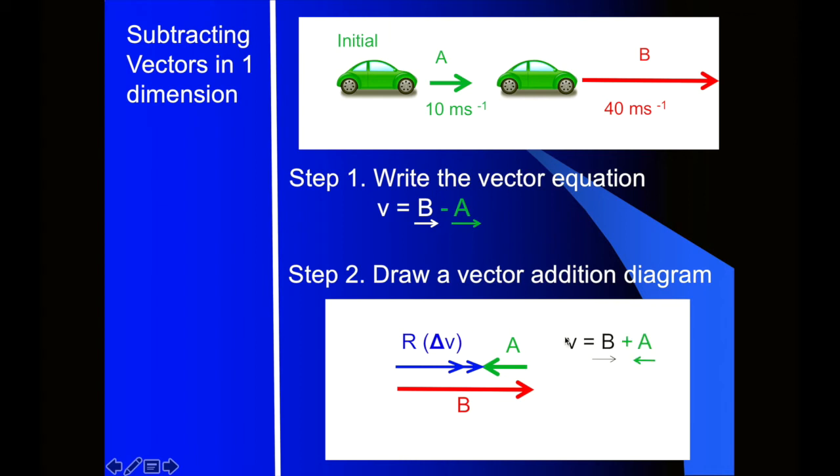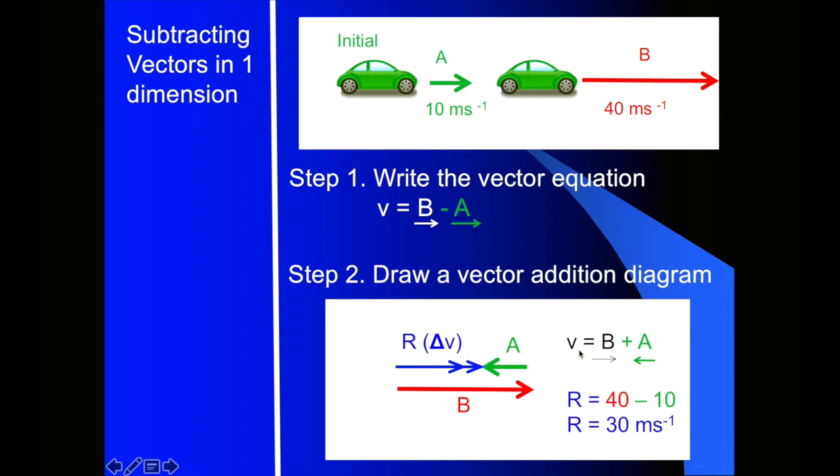So what we're showing here is that the change in velocity equals the b vector plus the a vector. But again, because the a vector is going in the opposite direction, we can say plus. It is the same thing as saying negative a with the arrow going in the same direction as b.